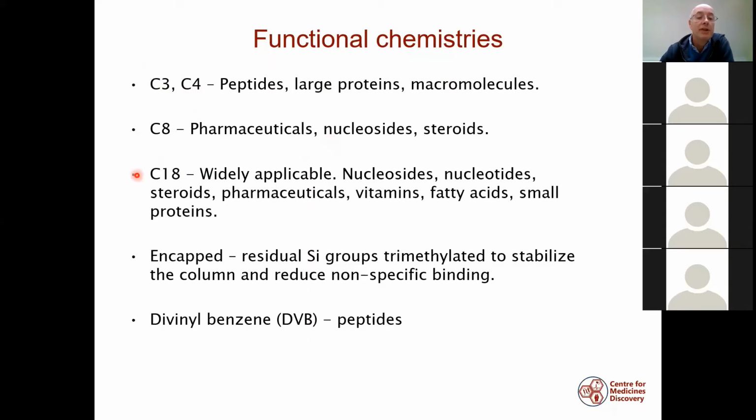The most popular, as I said, is C18. This works for most things. Most organic compounds will bind to some extent to a C18 column. There are also end-capped columns. This is where the silane groups are trimethylized to stabilize the column, and this will reduce non-specific binding. As I've mentioned already, there's also divinyl benzene. This only really works for peptides.